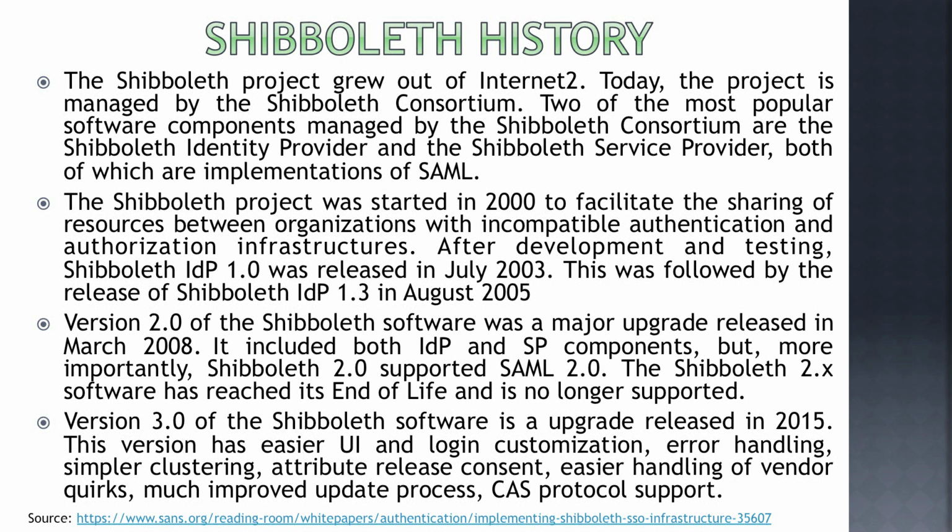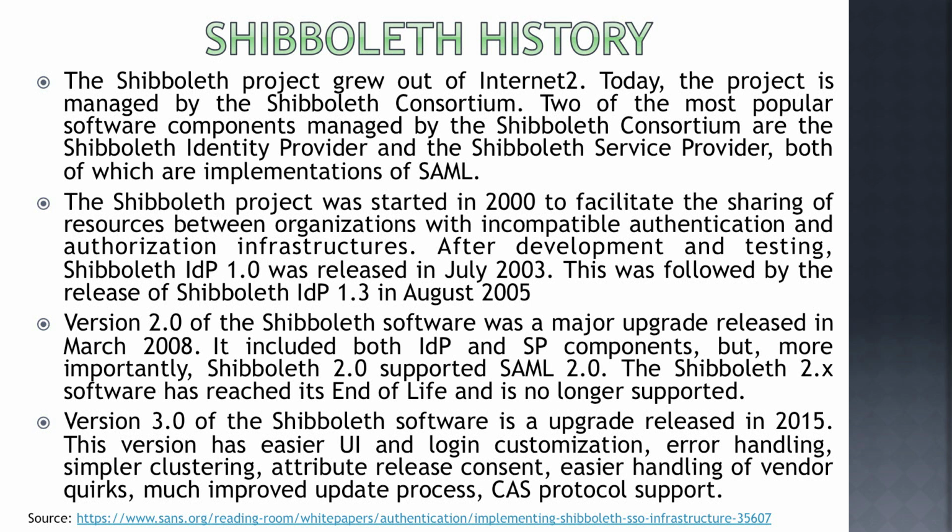After development and testing, Shibboleth IdP version 1.0 was released in July 2003, followed by the release of Shibboleth IdP version 1.3 in August 2005. Later, version 2.0 of the Shibboleth software was a major upgrade, released in March 2008.